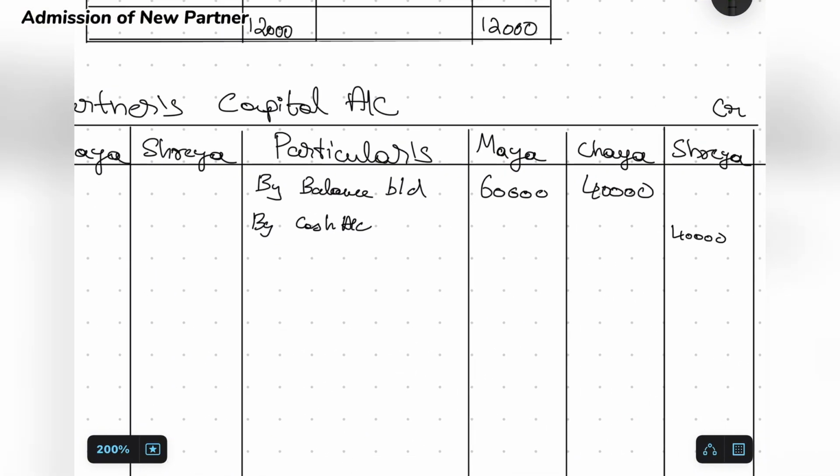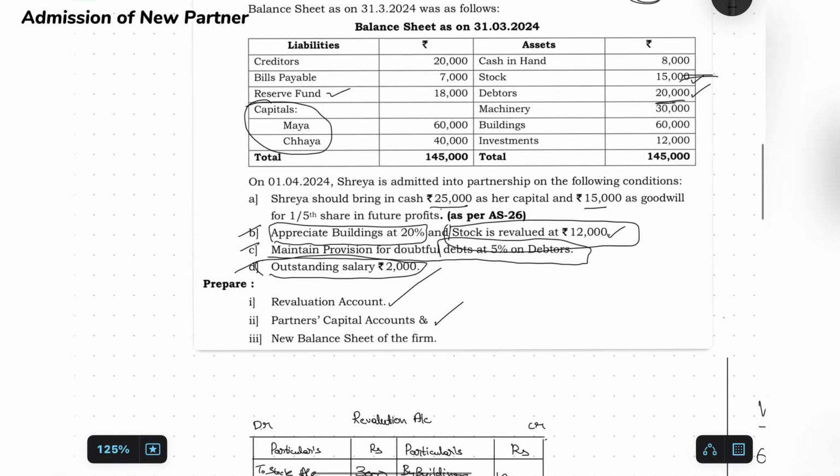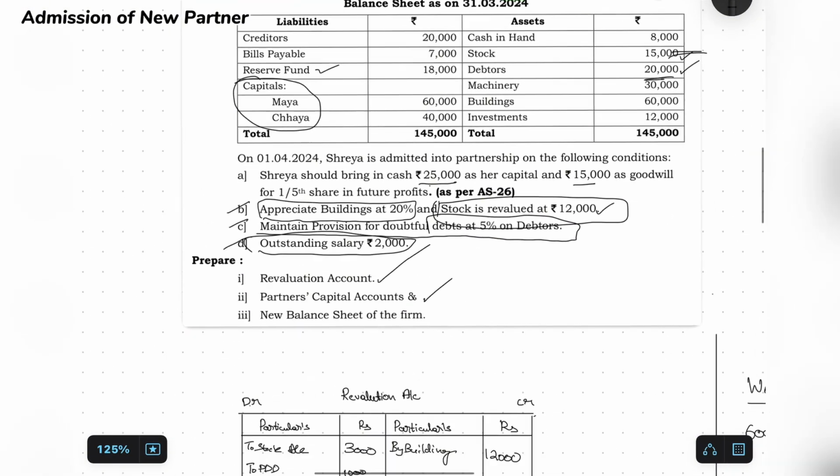Last year both partners were there, that is Maya and Chaya. So this reserve fund belongs to them. I will share the reserve fund between both partners in their ratio.